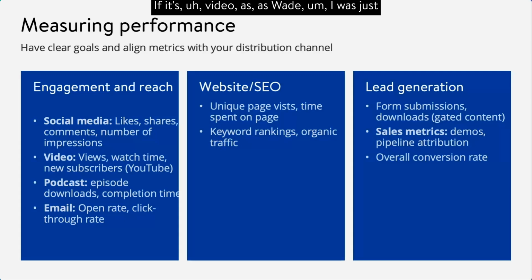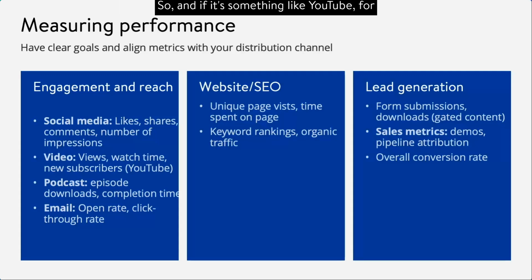If it's video, as Wade was just talking about, then it's thinking about how many views I have got on these videos and what the watch time is. It's really interesting to see where the drop-off point is for sessions, because that can give you an indication as to where the interest in the topic lies.